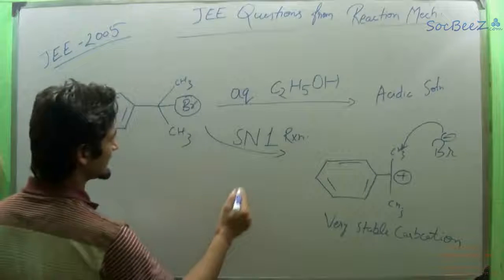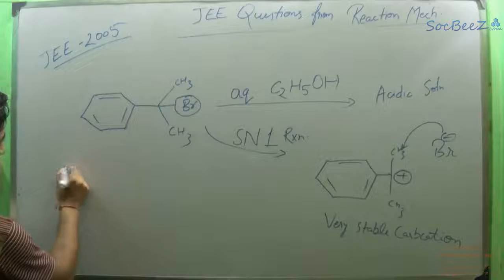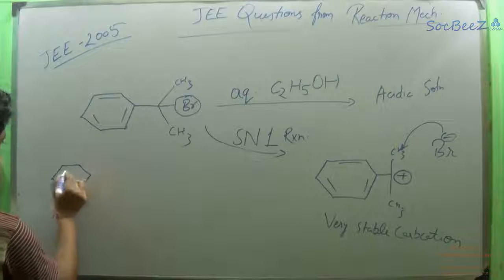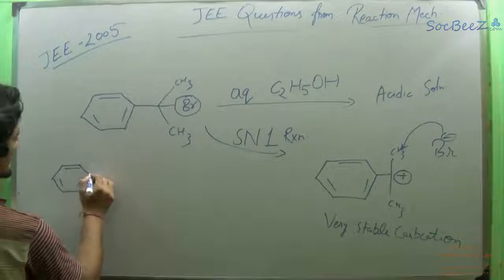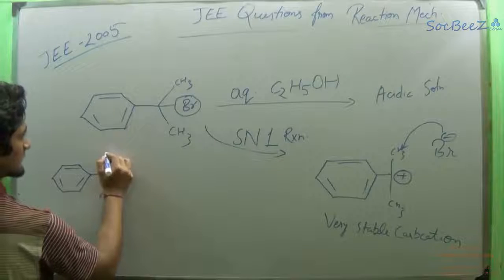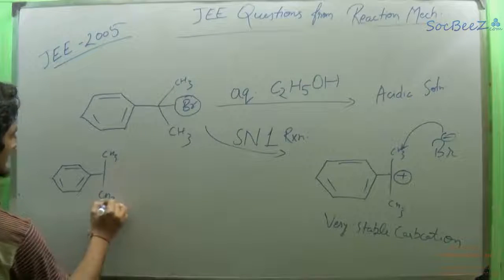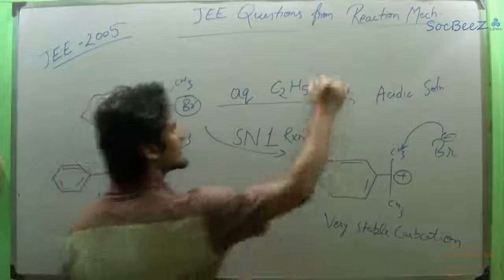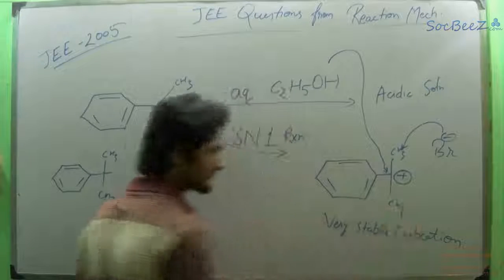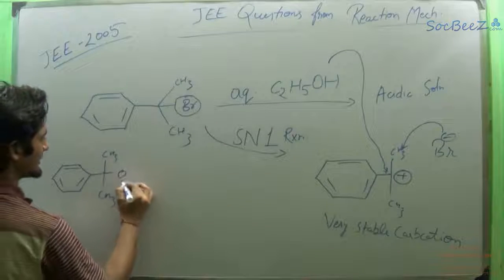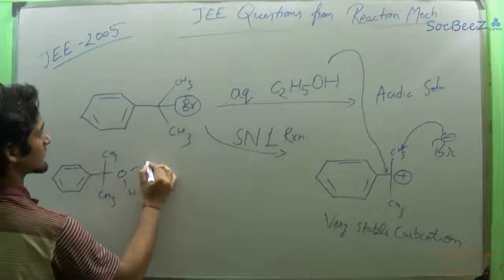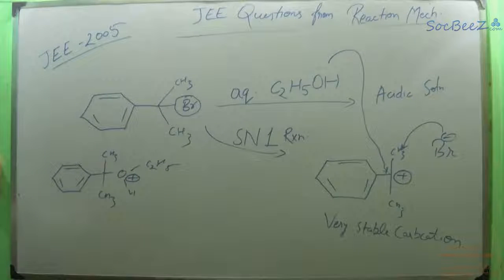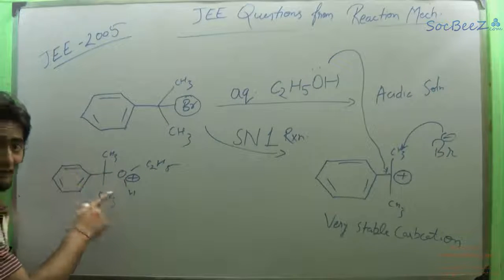Or the other possibility is CH3, and the solvent molecule, that is these oxygen lone pairs, come and attack. Okay, so the molecule will be OH C2H5, and there is a positive charge on oxygen, because here in this molecule it has 3 valencies.